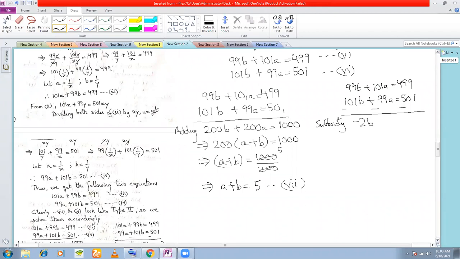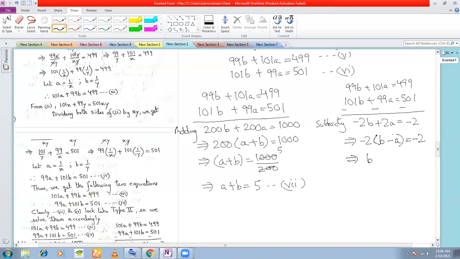Here is a minus sign, here is a minus sign. So 101 minus 99 will give you a plus 2a, and here you will get minus 2. So if you take minus 2 out, you will get b minus a is equal to minus 2.